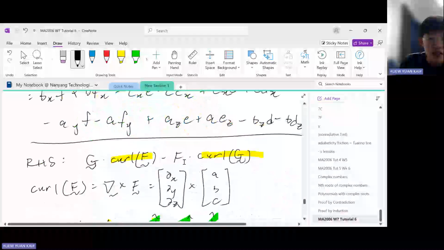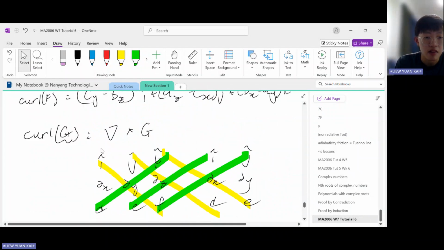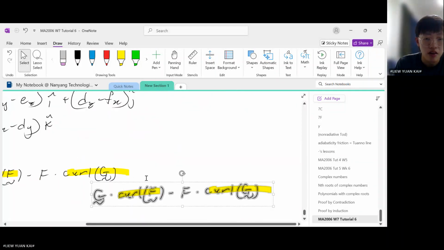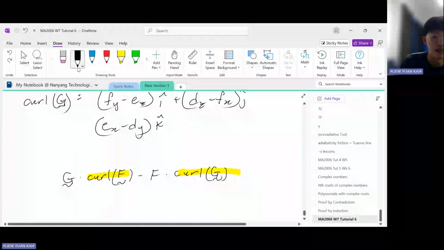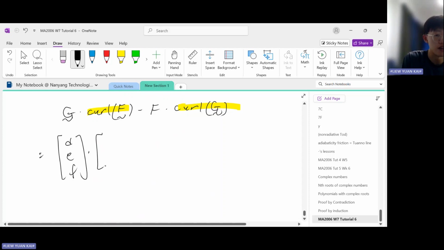Next, what do we need? We need to dot product them. Let's bring back this statement. We have already found curl F and curl G, so let's substitute what we know. G is D, E, F, and we need to dot product with the curl of F, which is the result we got earlier: CY minus BZ, AZ minus CX, and BX minus AY.